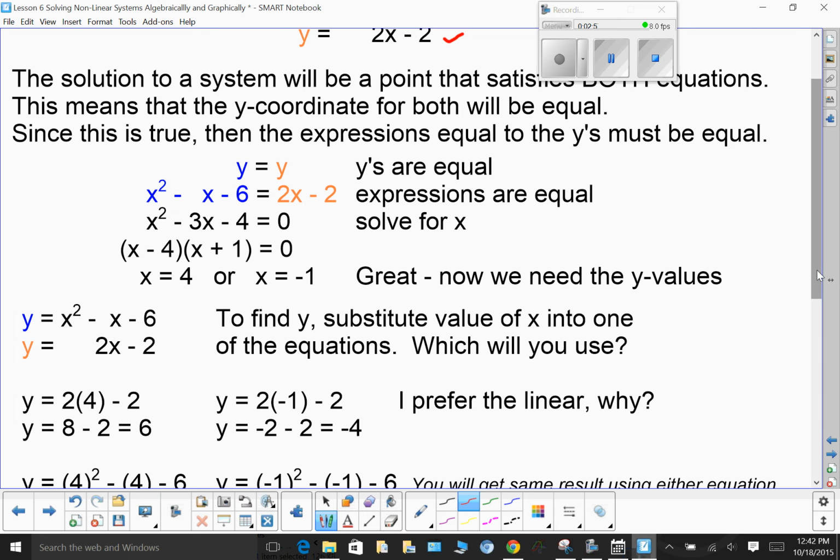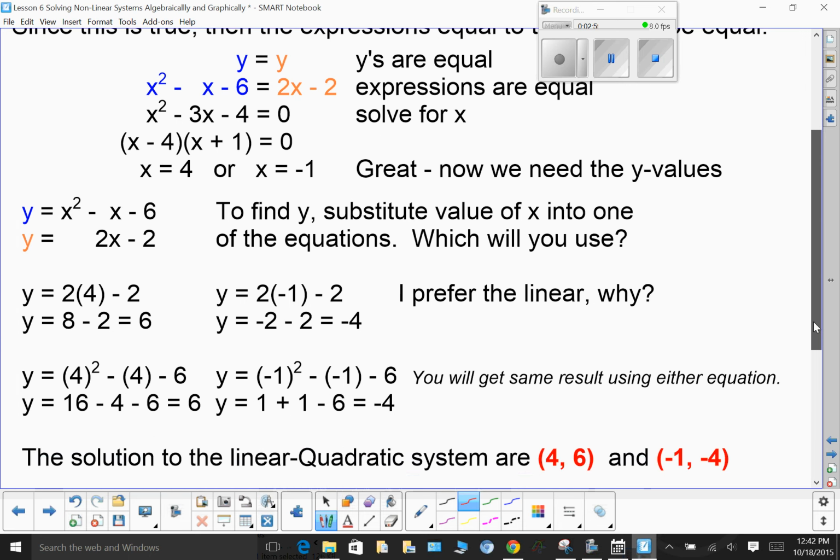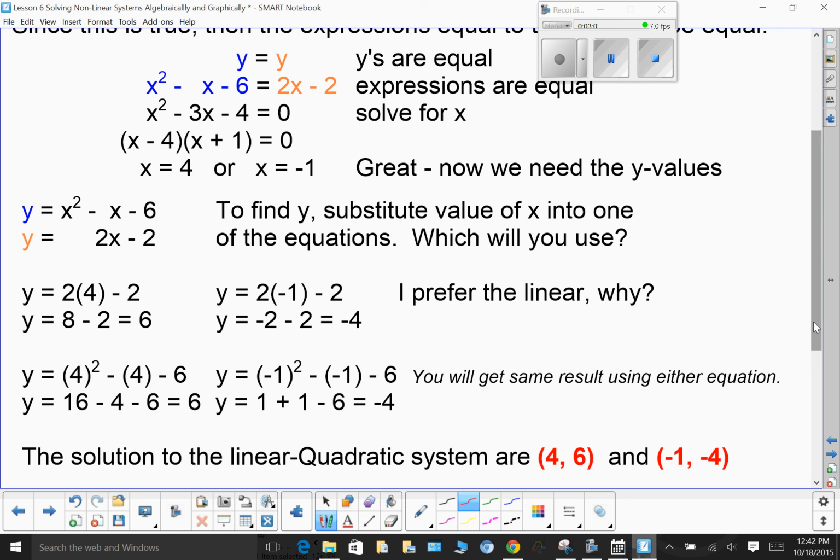But just in case you want to check and use the quadratic, that's fine. I did it on the quadratic as well, and notice I got 6 and I got negative 4 again. The solution to this particular linear and quadratic system are the points 4, 6 and negative 1, negative 4.